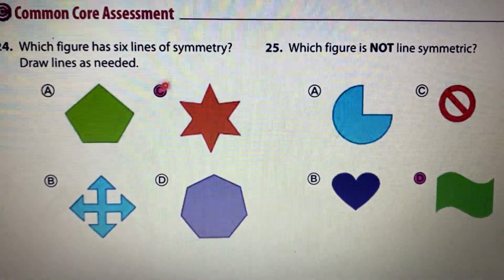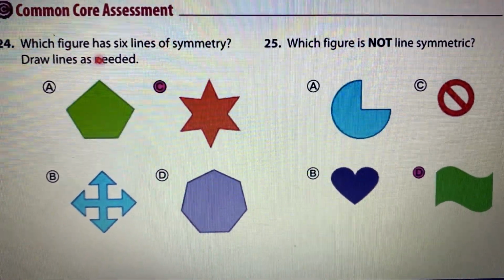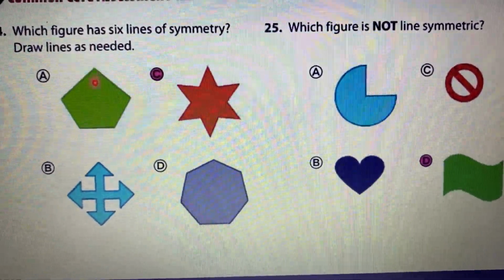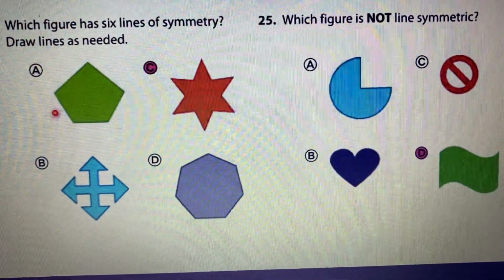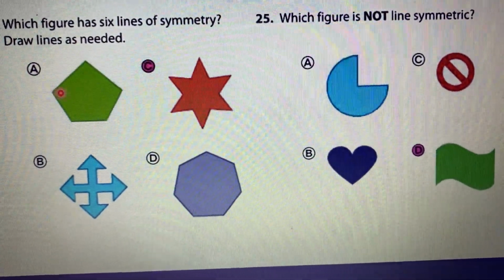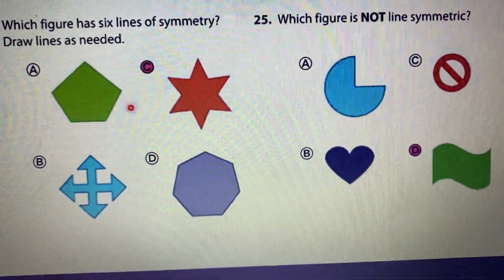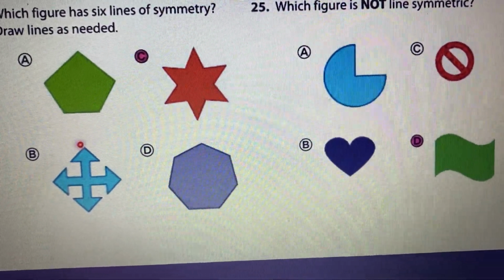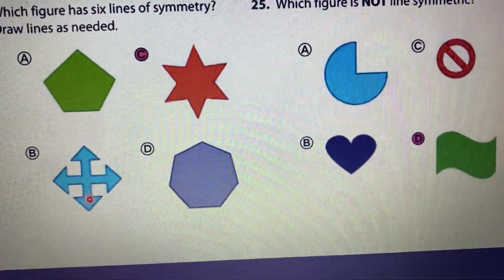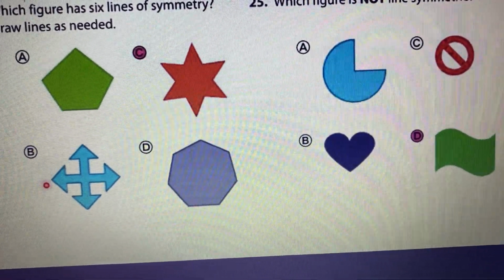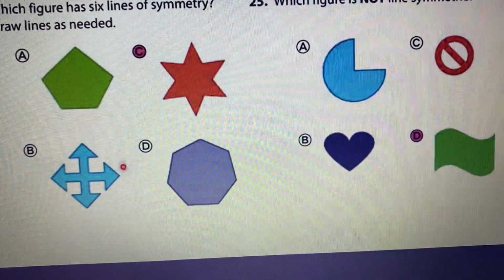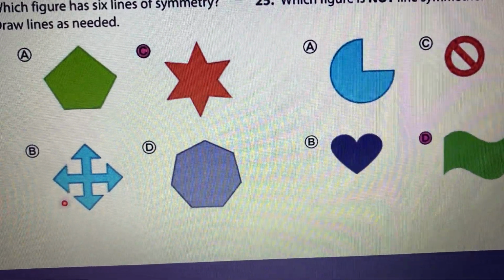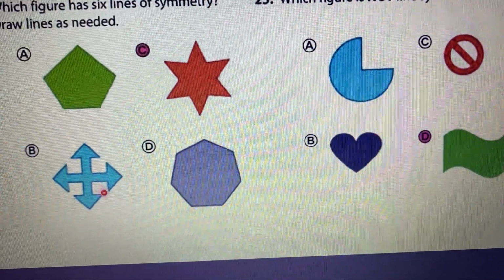Which figure has 6 lines of symmetry? Draw lines as needed. Now, draw lines with me. Line from the top to the bottom. A line from the left to the right. From right to left, so these are 3 only, so no. From the top to the bottom, 1. And from left to right, 2. Yes, from here, 3, and from here 4.